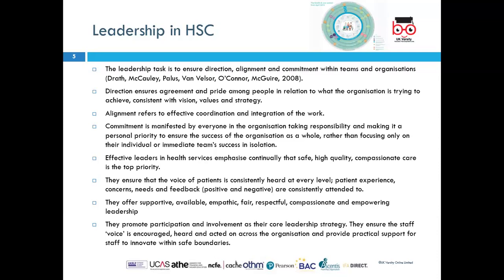Leadership quality should be that there is a direction, an agreement, and a pride among the people within that organization, who are working together with you to achieve that value, that vision, whatever vision you have in wherever you're working.